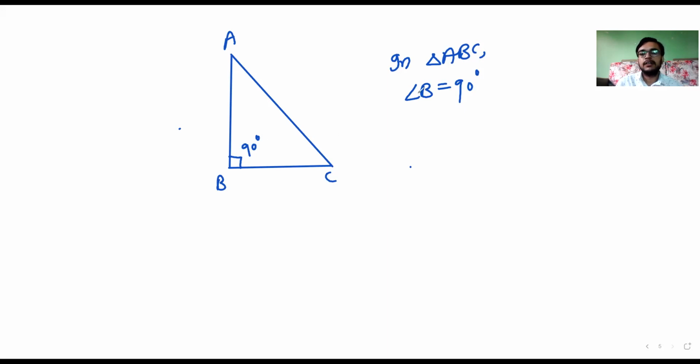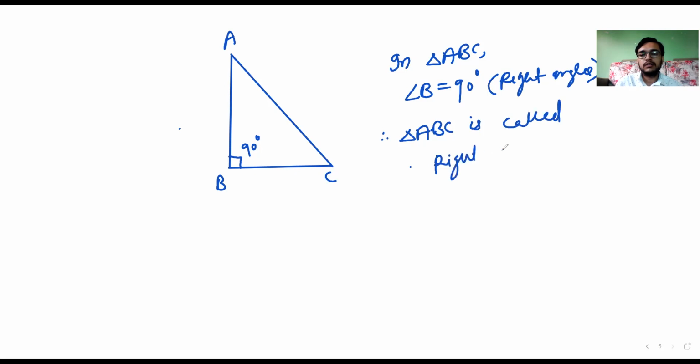Now here the measurement of angle B is 90 degrees. Therefore, a triangle having a right angle is called a right angle triangle. Therefore, triangle ABC is called a right angle triangle.